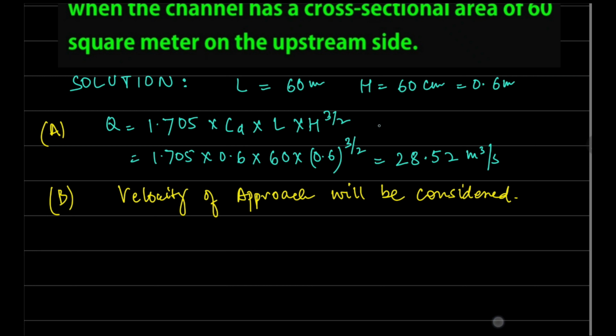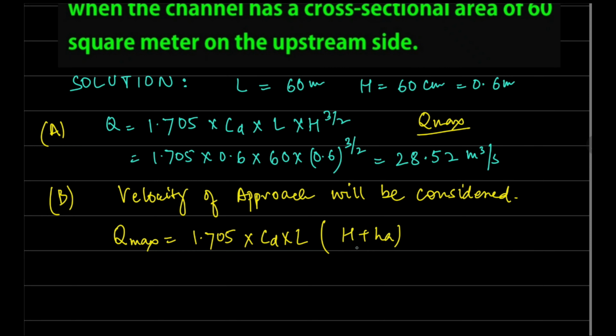This corresponds to the Q max. So the same formula is there, only the VA is involved. So when the velocity of approach is there, the Q max for the broad crested weir can be written as 1.705 multiplied by CD multiplied by L, and in brackets, H plus HA raised to the power 3 by 2 minus HA raised to the power 3 by 2.